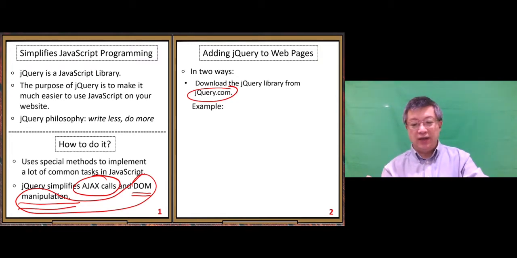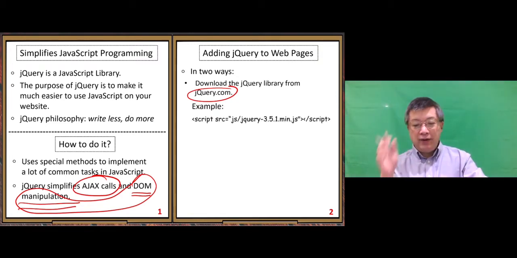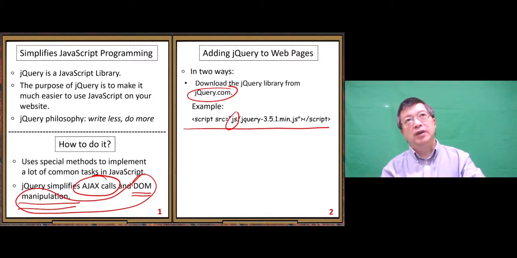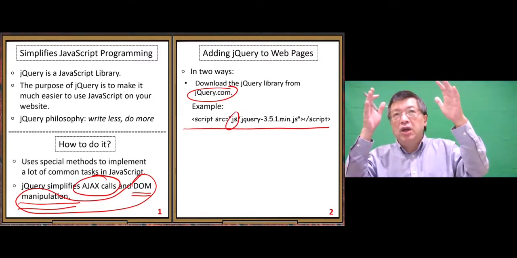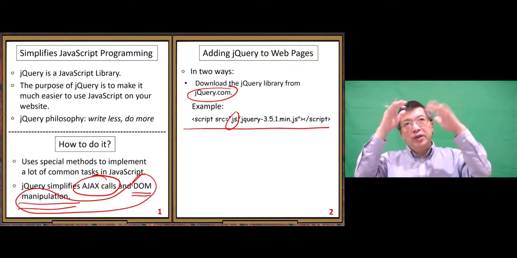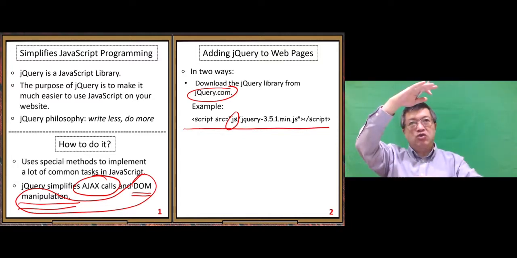All right. So for example, in our HTML, we just include this line. Suppose we put it in a JS folder. In our web application, usually we need to have several external JavaScript files.